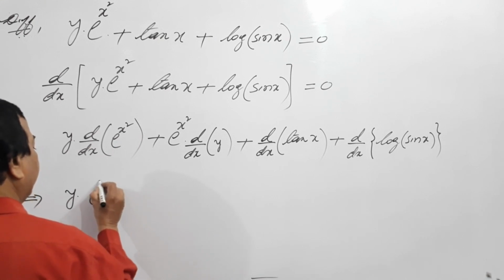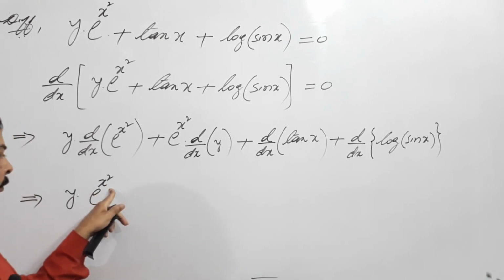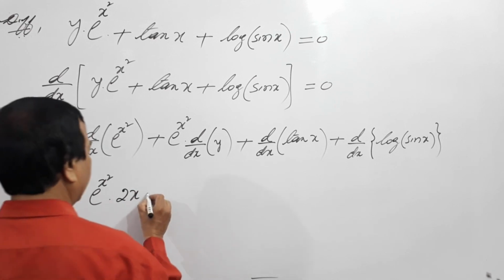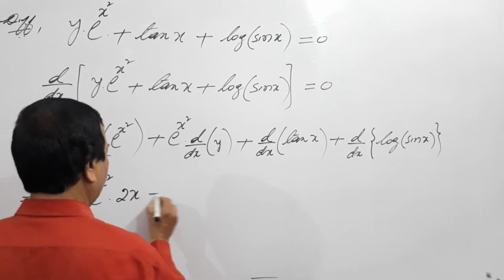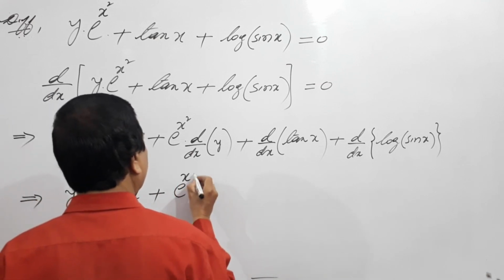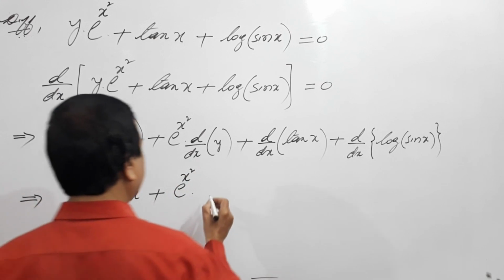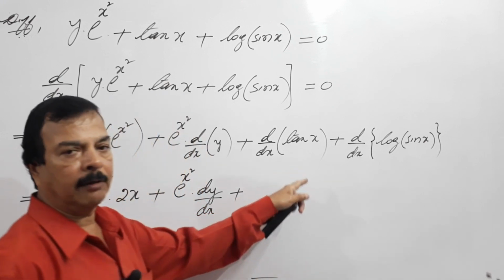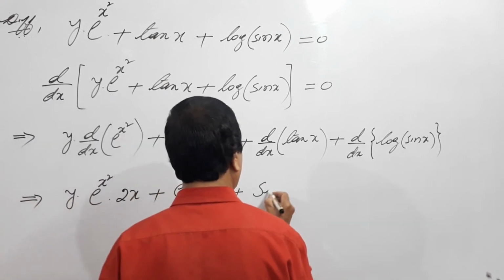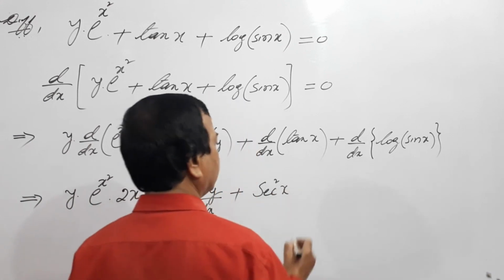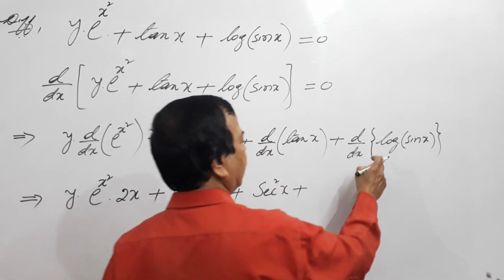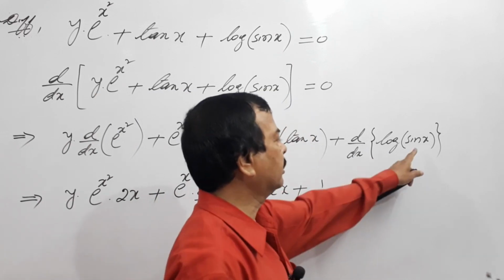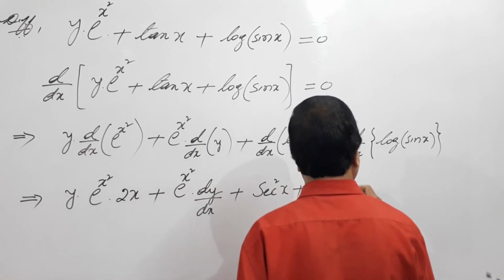So this becomes e to the power of x square into differentiate the inner portion, that is 2x, plus e to the power of x square, dy by dx of y is dy by dx, plus d by dx of tan x is secant square x, plus this becomes d by dx of log, means first is 1 by sin x, and d by dx of inner function, that is cos x.